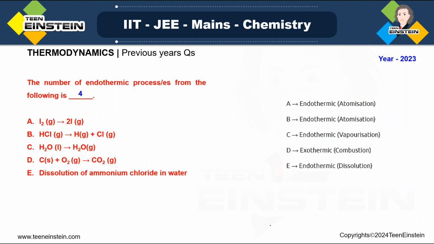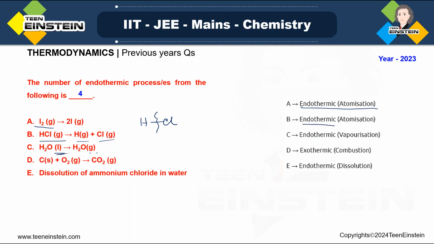The question: the number of endothermic processes from the following. Here the first one is I2 converted to atomic iodine. So this is basically an atomization process, and you are breaking the iodine-iodine bond, so obviously it will be endothermic. Then HCl gas, now we are getting individually H and Cl atoms. So this is also a kind of atomization. You are breaking the bond, so it should also be endothermic.